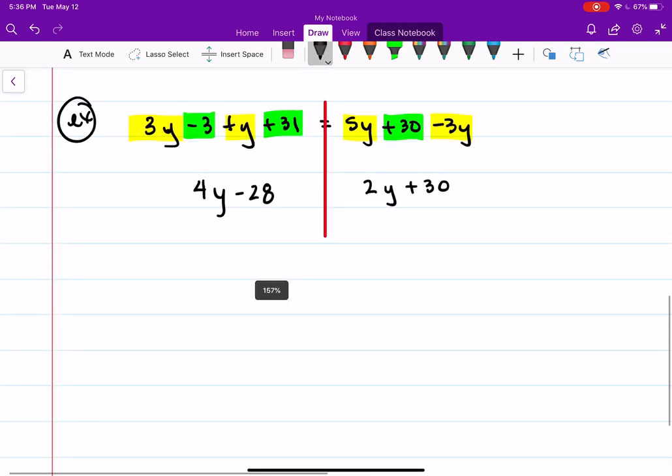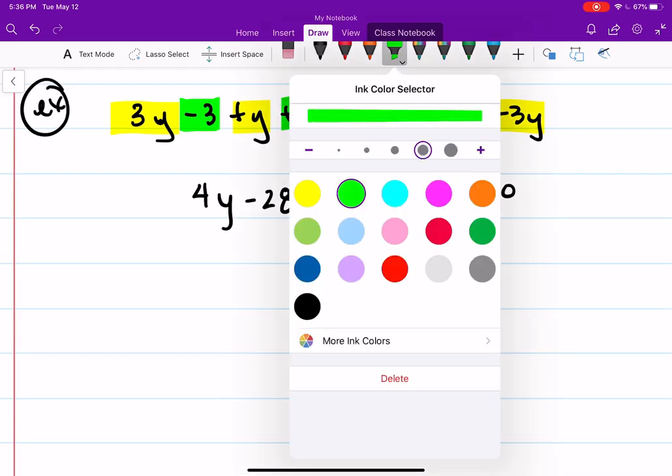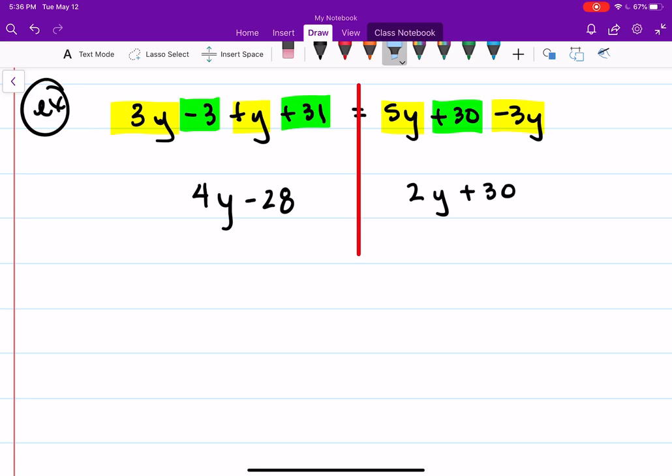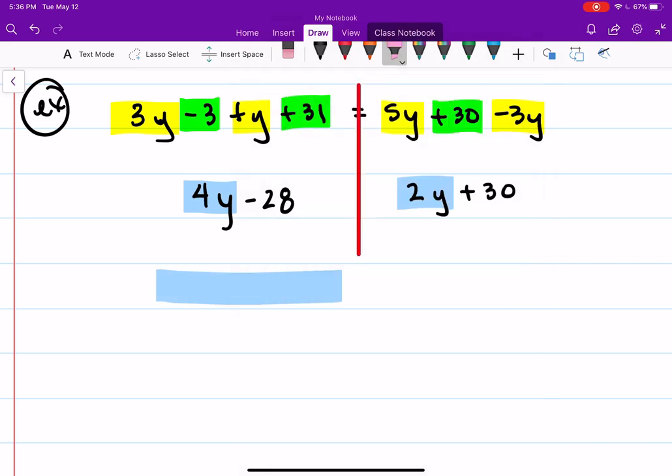Okay? So here's my goal. Let's use different colors here. So I'm trying to get both of these on the same side while I get the numbers on the other. Okay? So, in other words, I want the 2y over to the left side.